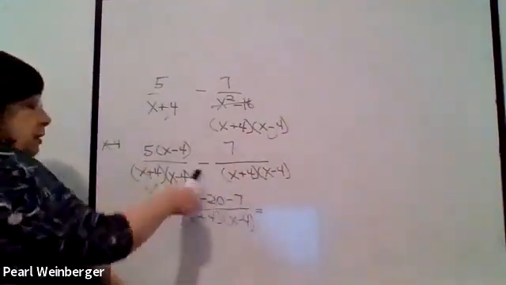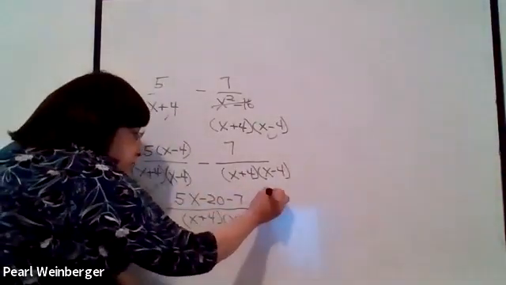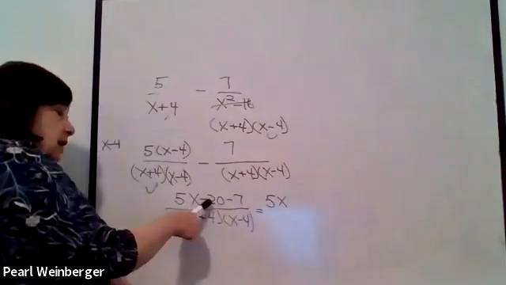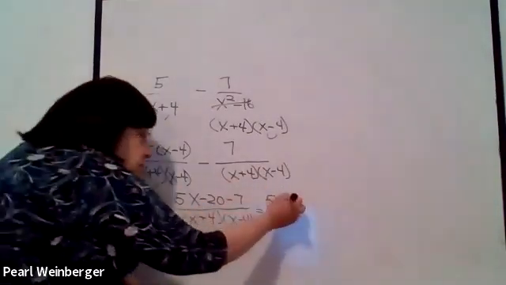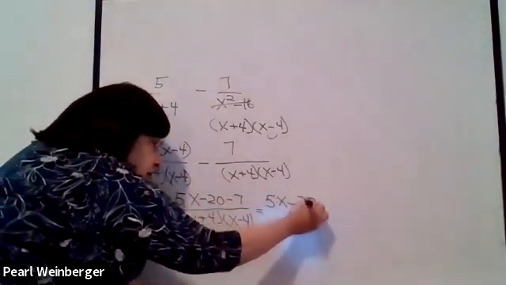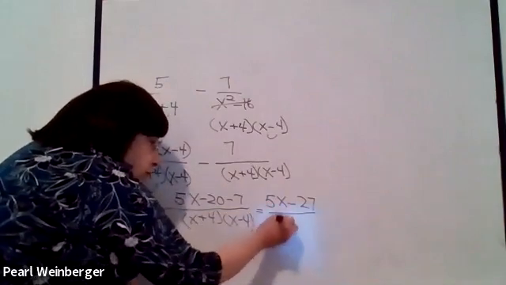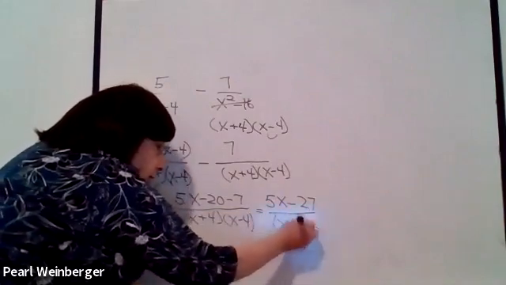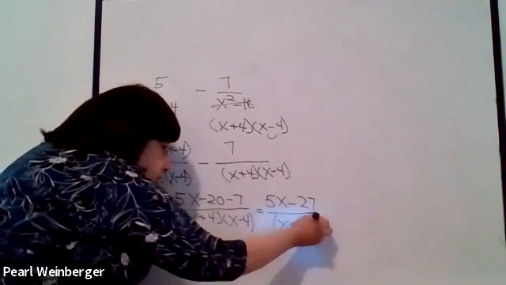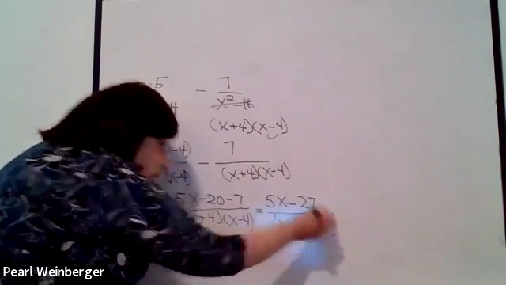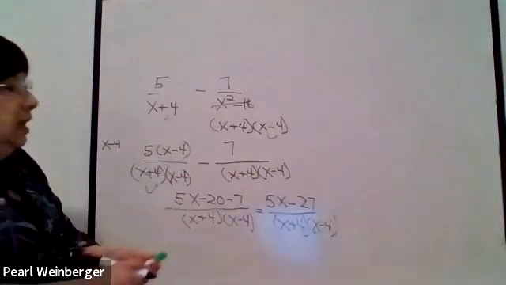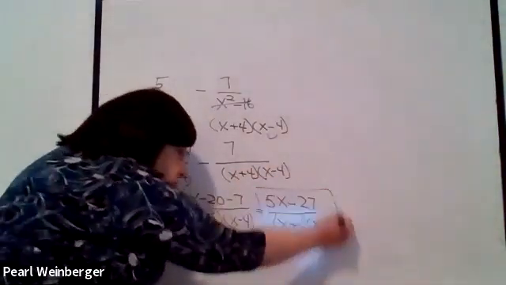I combine the like terms and it becomes 5x, and negative 20 and negative 7 is minus 27, over x plus 4 and x minus 4. I can't factor the top, so there's nothing to cancel out. This is your final answer.